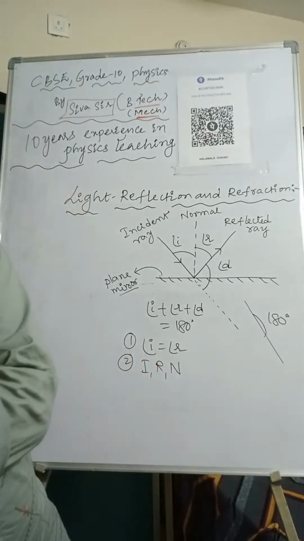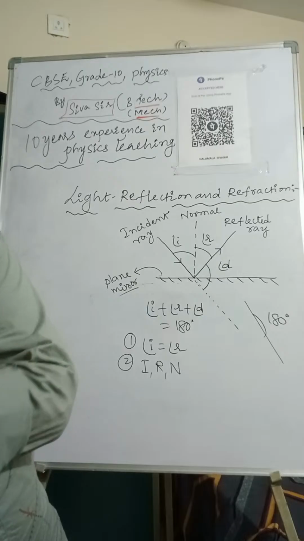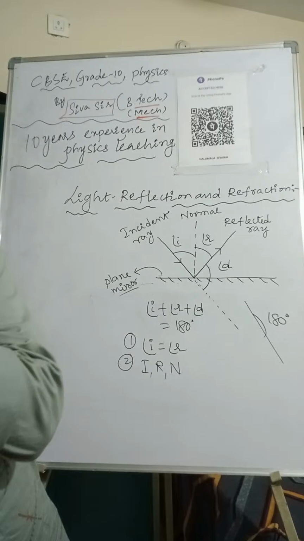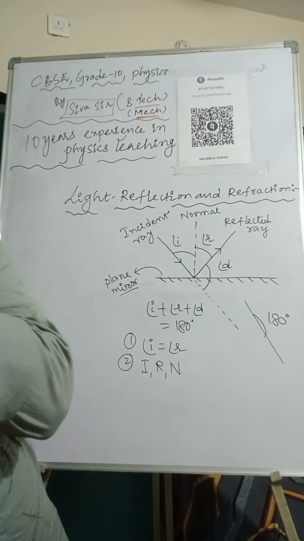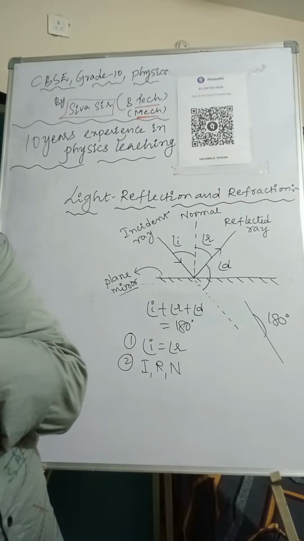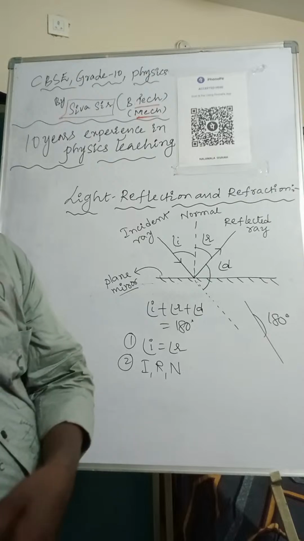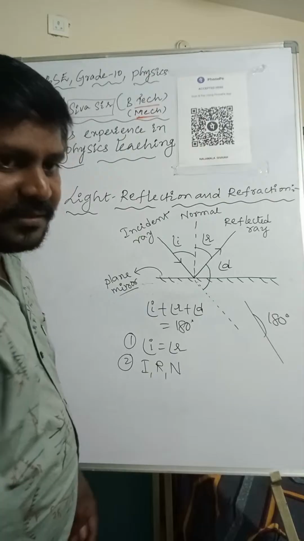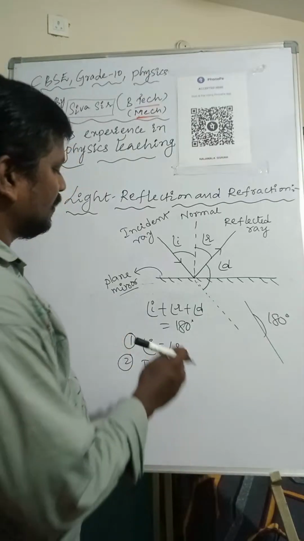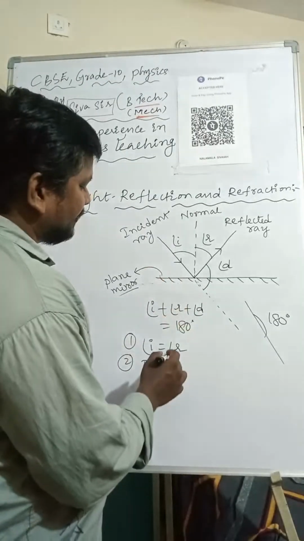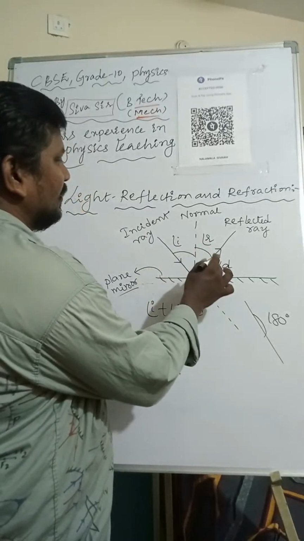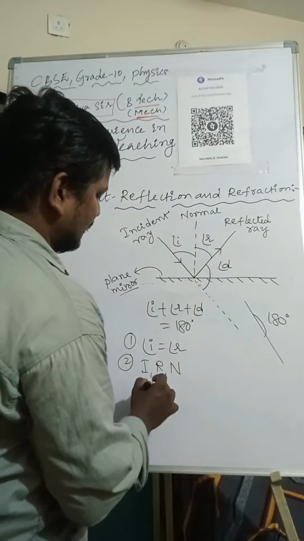Check these points once. So angle of incidence equal to angle of reflection, and the incident ray, reflected ray and normal line lie on the same plane.